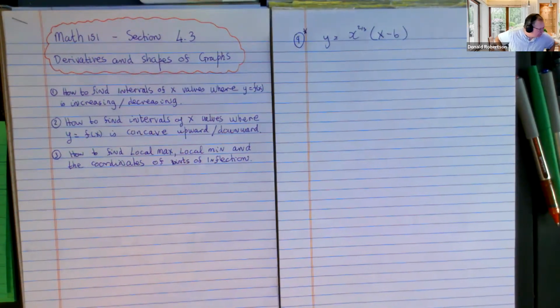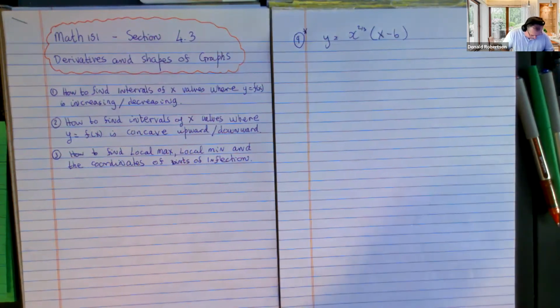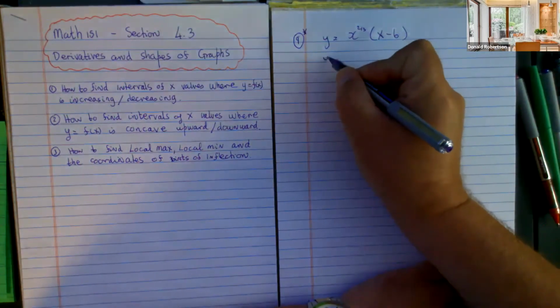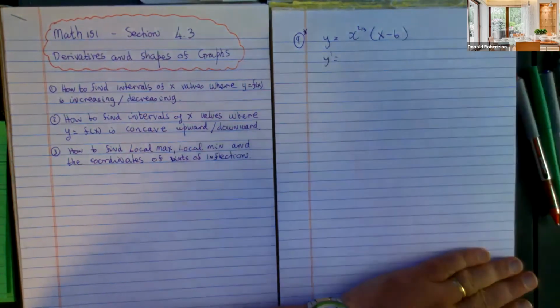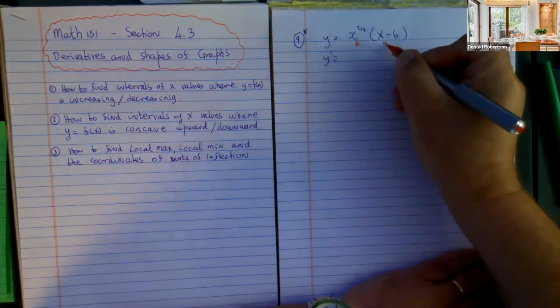Okay, we are going to, in this particular question, only do increasing, decreasing, maximum. In other words, we're only going to do the first derivative part because that's all they ask for. So, would you agree that this is a product rule?